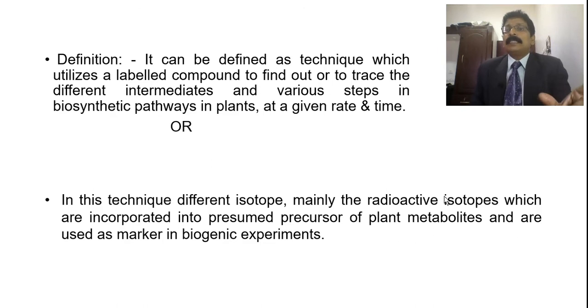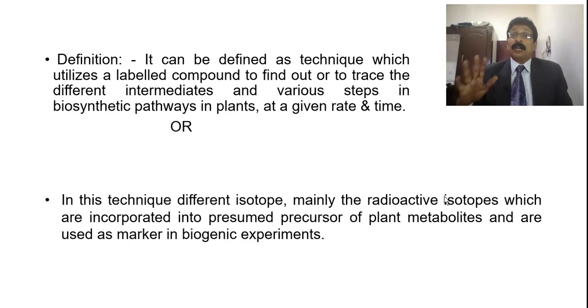Pyruvic acid has carbon, hydrogen and oxygen. You incorporate one labeled carbon atom, carbon 14, into the first or second carbon, and then it is injected into a plant you have selected, and after some time, 1 hour, 2 hours, even 6 hours according to the experiment, it is taken out. It is not an easy job; it is highly technical and biotechnological work.